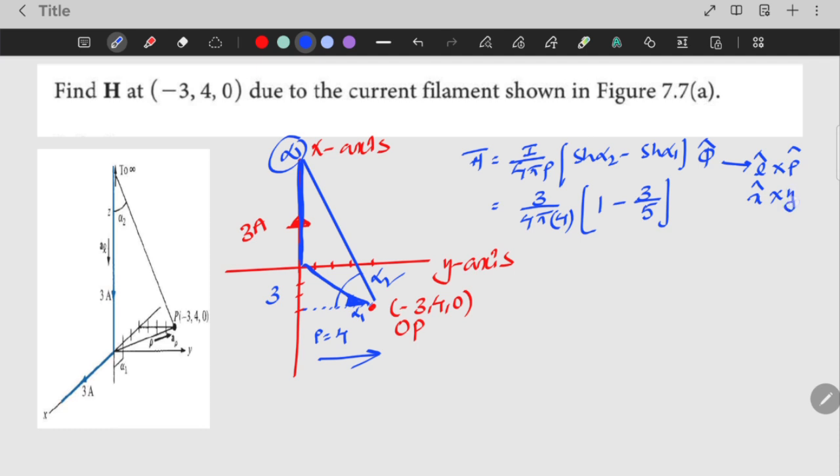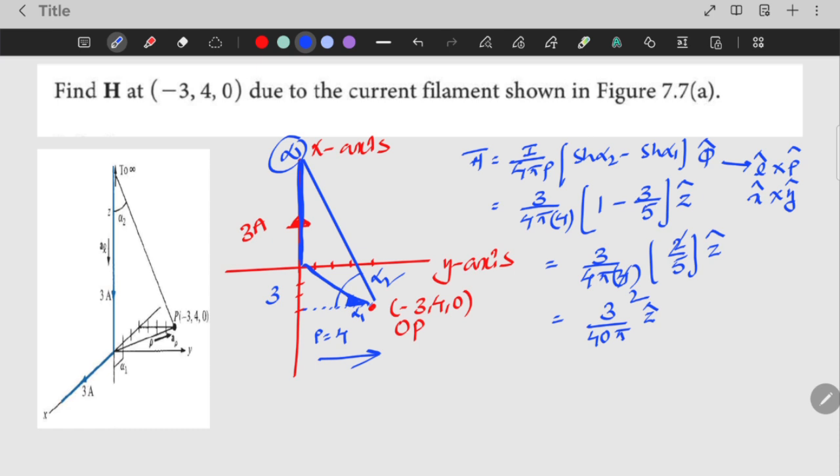That means here we can take the positive y-axis. So x cap cross y cap gives z cap. So it is equal to 3 by 4 pi by 4 into 2 by 5 into z cap. So it is 3 by 8, 8 fives are 40 pi, into z cap.